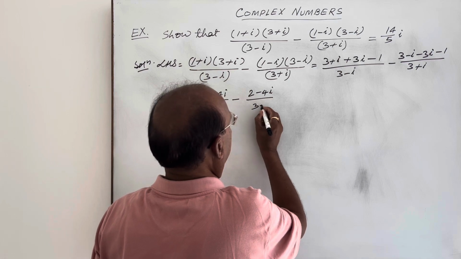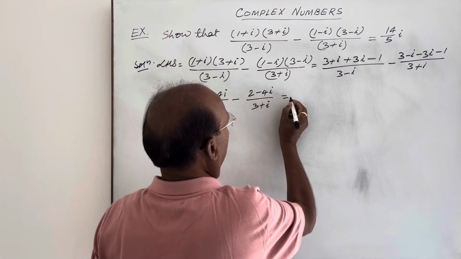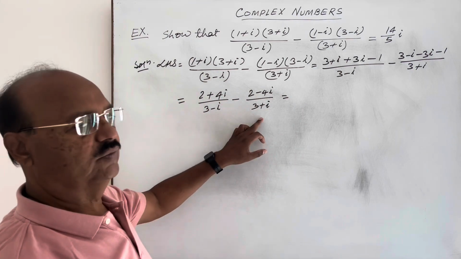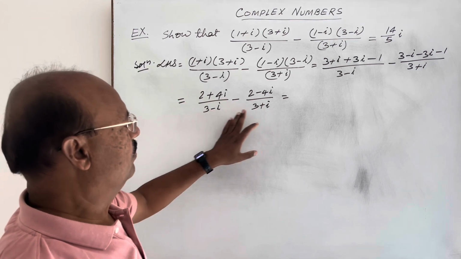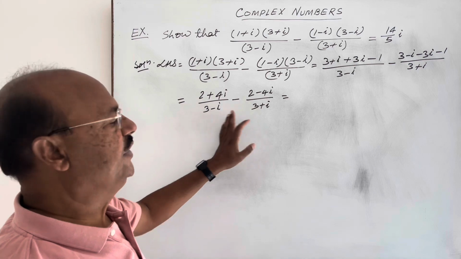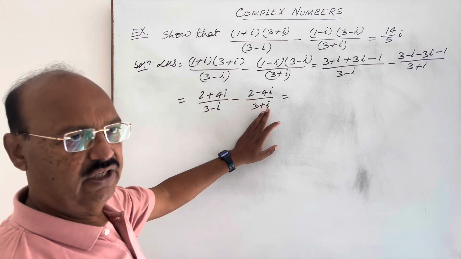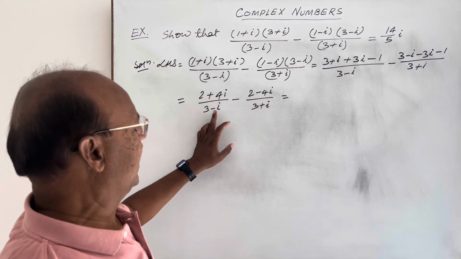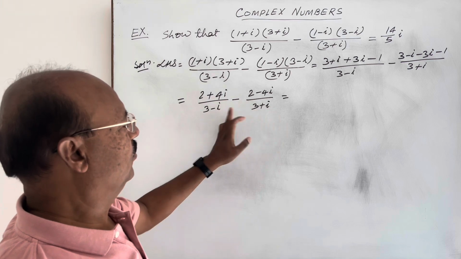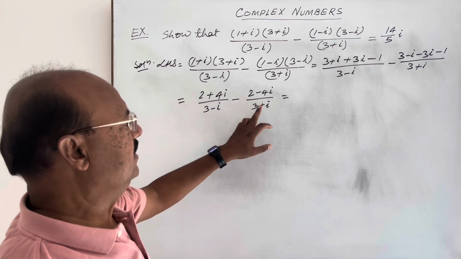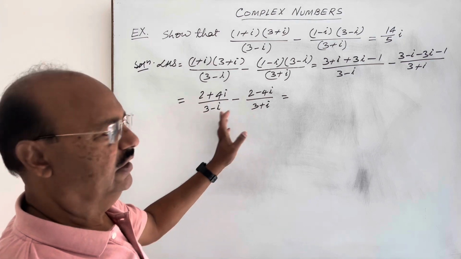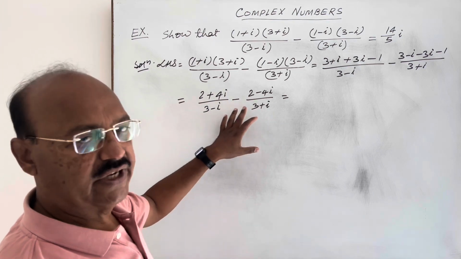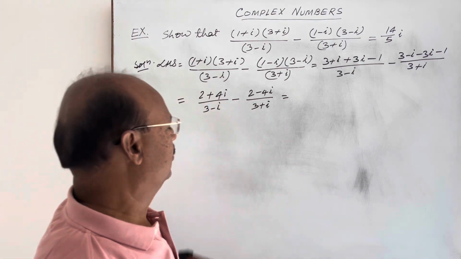by 3 + i. Now we will take LCM of these two denominators, because here these two complex numbers are conjugate to each other. Conjugate means sign of imaginary part is opposite. This is minus sign, this is plus sign. So these are conjugate to each other. In this case, simply we have to take LCM of these two denominators.